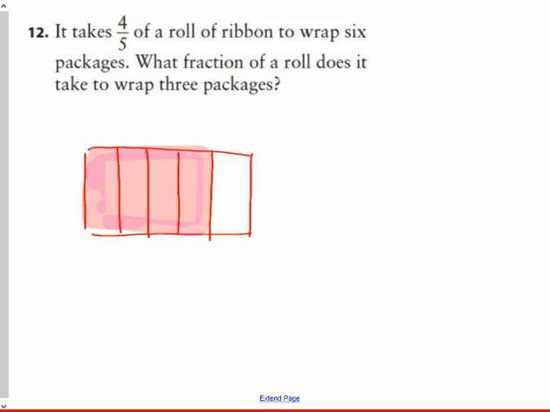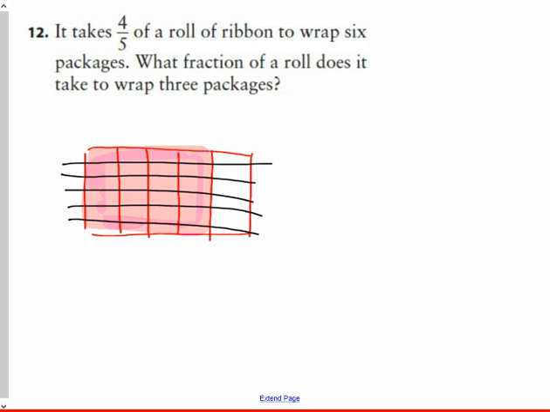Wow. Let's cut it into 5 parts. 1, 2, 3, 4, 5. It takes 4/5 to wrap 6 packages. Did I do that right? I didn't do that right. I should think before I start drawing.